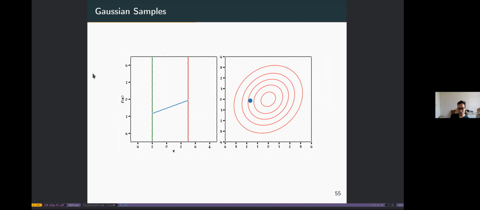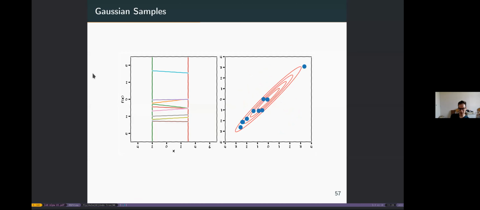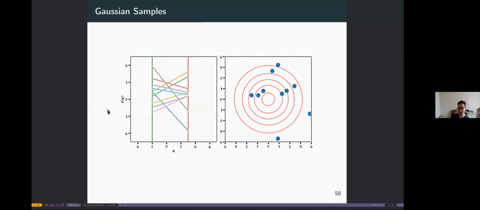Now, I can of course draw a couple of others, and I get these values. Now, if I change the Gaussian and make it very, very correlated, you can see that if I pick a value here, I get pretty much exactly the same value on the other side. If I make them independent, they go all over the shop.